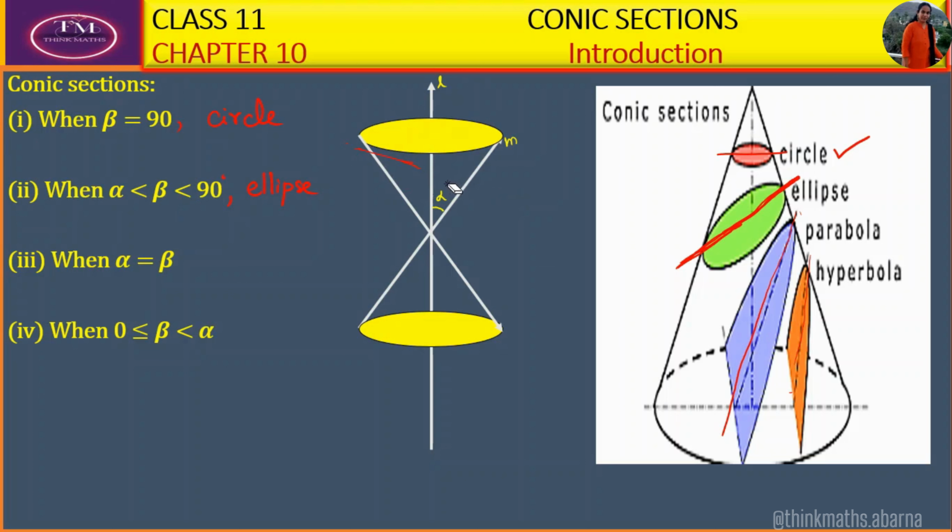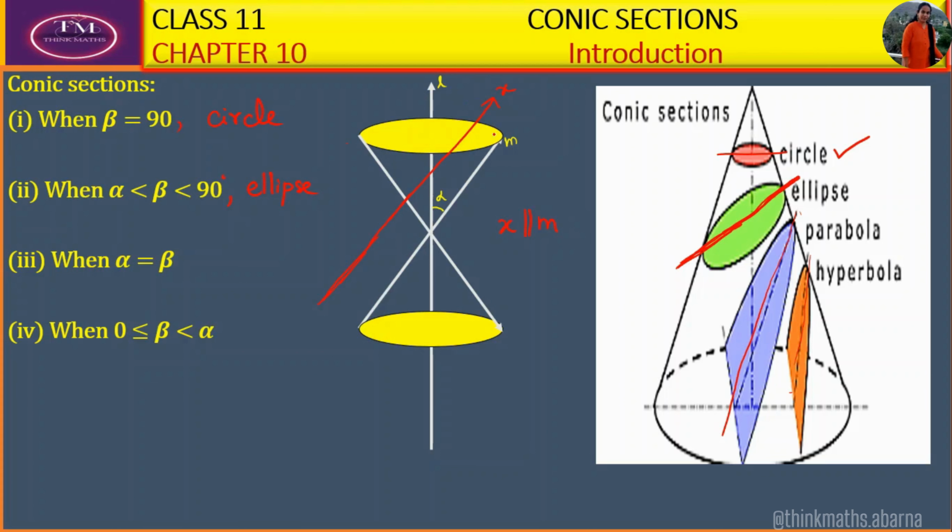Next one is the parabola. How to get the shape of the parabola? It is very simple. We have a generator here. If we cut parallel to the generator, this is the line that cuts. Here X is parallel to the generator M. Then we will get the shape of a parabola.